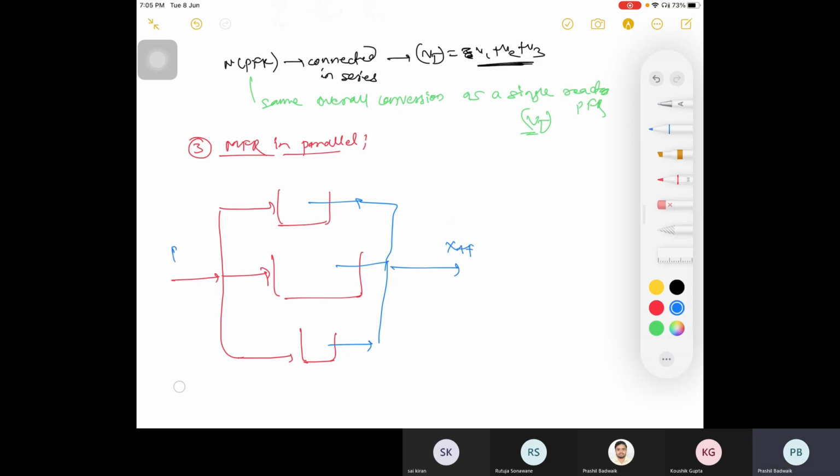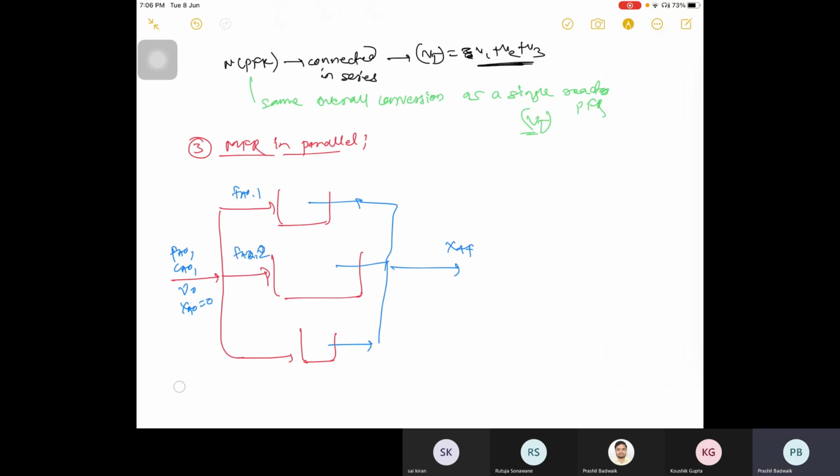This is your FA0, CA0, mu0, and XA0 is equal to 0. This is your FA01, FA02. I am breaking these streams, so FA0 is equal to FA01 plus FA02 plus FA03.